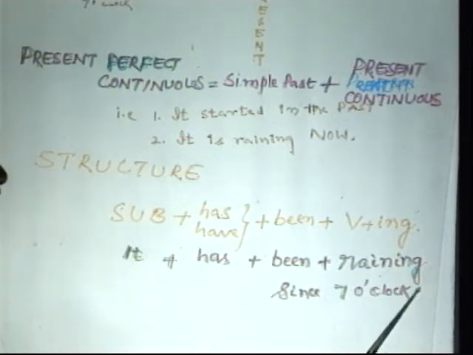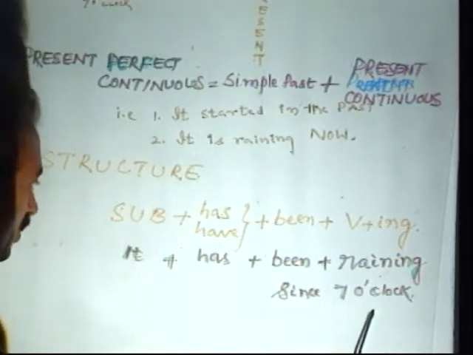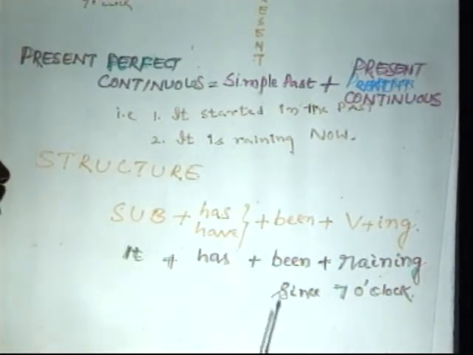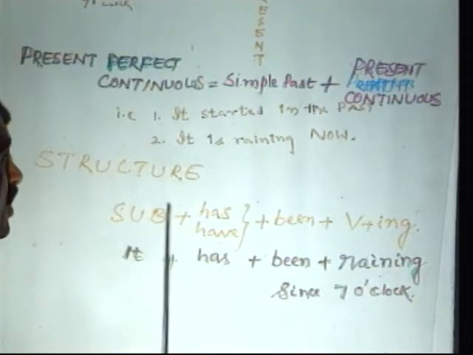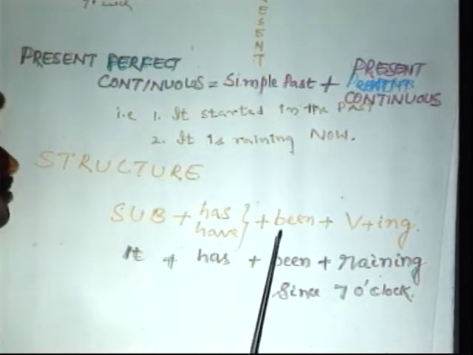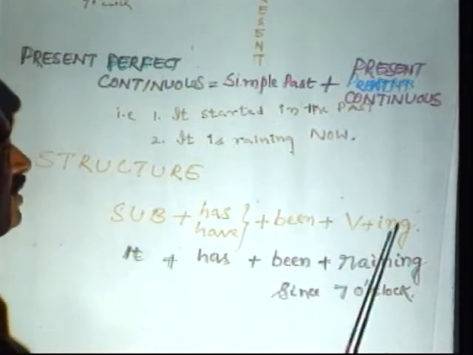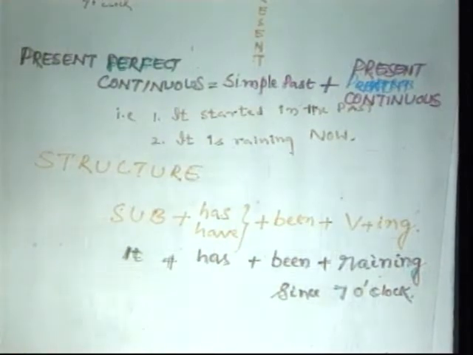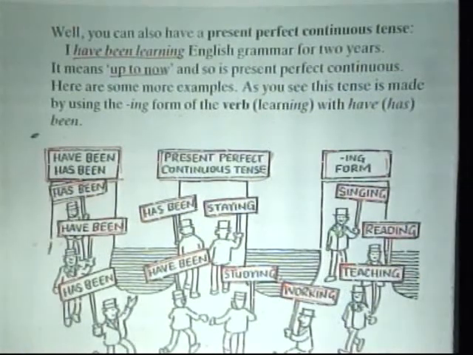If I put here now, I cannot use this particular form of the tense. I should use it is raining now. But since 7 o'clock is to be included, then I have to go for a different tense form, that is present perfect continuous tense, which has a form like this. So has or have been and verb in the continuous form. Is it clear? All right, students, the diagram is clear.